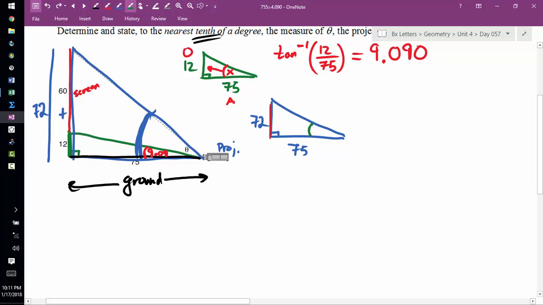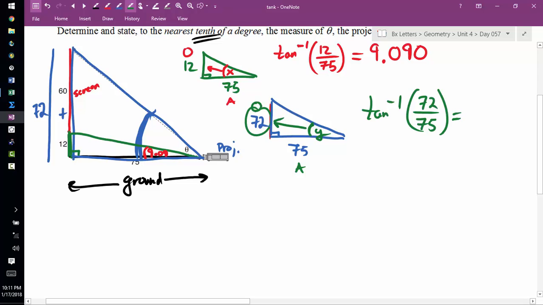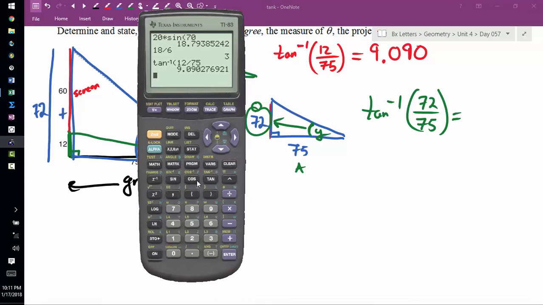I am now looking for this angle, which we'll call y. And it's still the same setup, the opposite and the adjacent, so it's still the inverse tangent. But now we're going to use 72 and 75, and that will tell us our angle. So if I do the same thing, inverse tangent, 72 divided by 75.